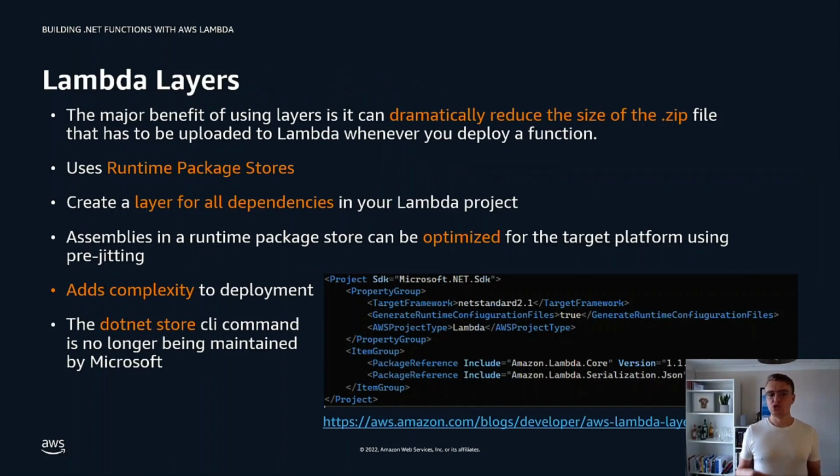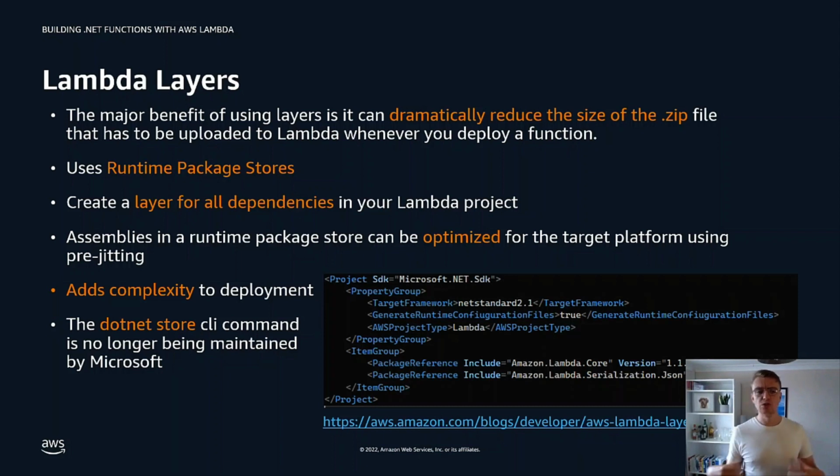And the final thing I'll just touch on really quickly is Lambda layers. So layers are a feature of Lambda that allow you to share code. So you can generate a layer, and that actually reduces the size of your compiled binary. So you can do this with .NET, but ordinarily it's not really recommended. It does add quite a lot of complexity to your build process, because you need to first generate the Lambda layer, deploy the new version of the layer, and then compile your Lambda function telling it about that new version of the layer.